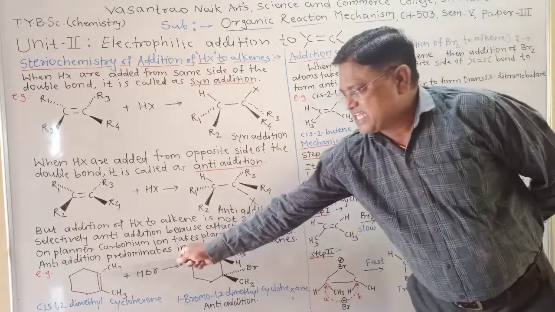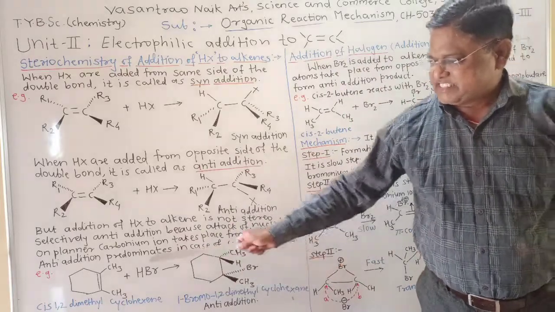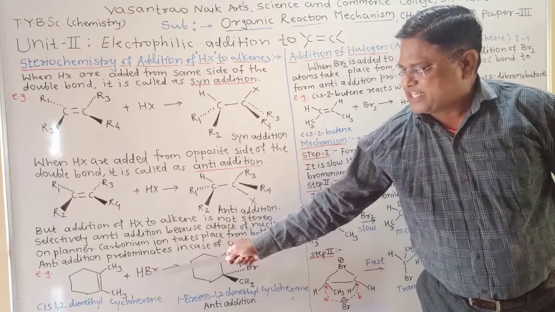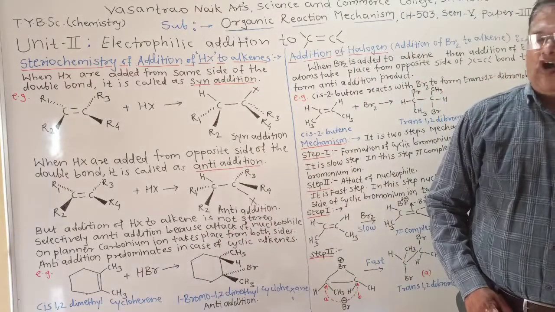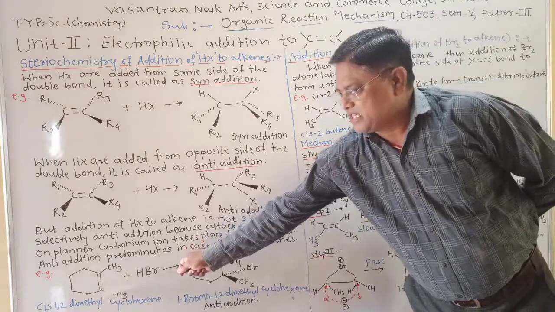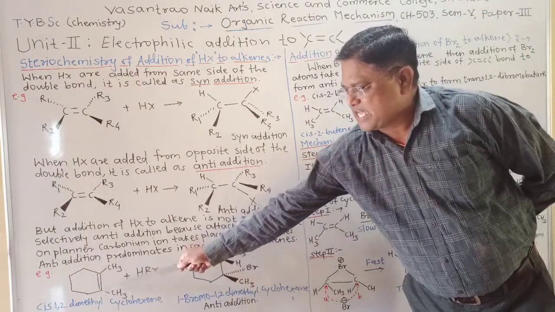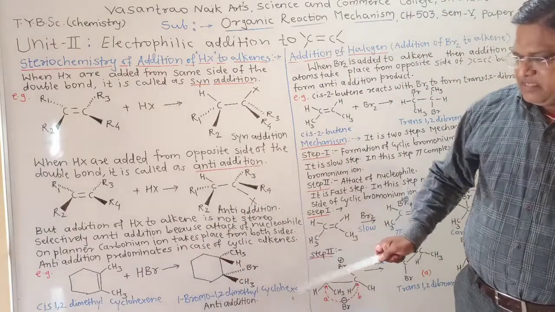It contains carbon-carbon double bond, and in such cases addition of halogen halide takes place from opposite side of carbon-carbon double bond. The addition of this HBr takes place on this carbon-carbon double bond from opposite side, like this.